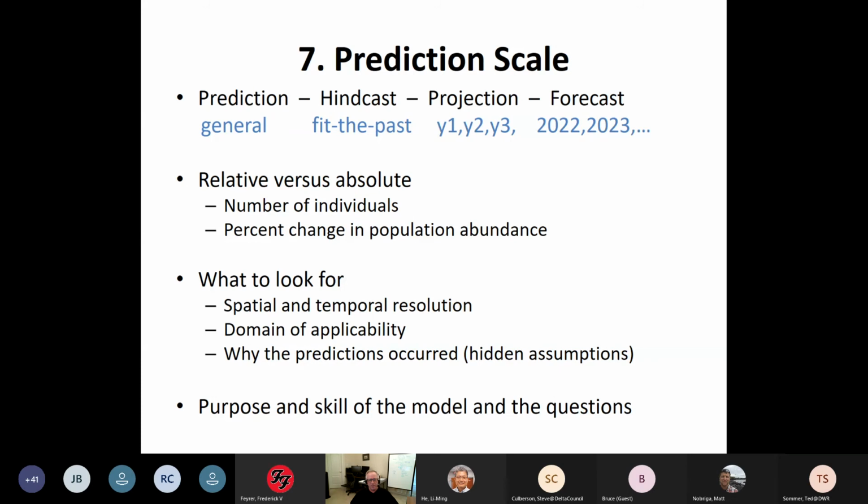What to look for? The spatial and temporal resolution of the model, of the changes imposed to answer the question. And then I call it the domain of applicability. I would have trouble looking at this model to look at 8 years of successive drought.